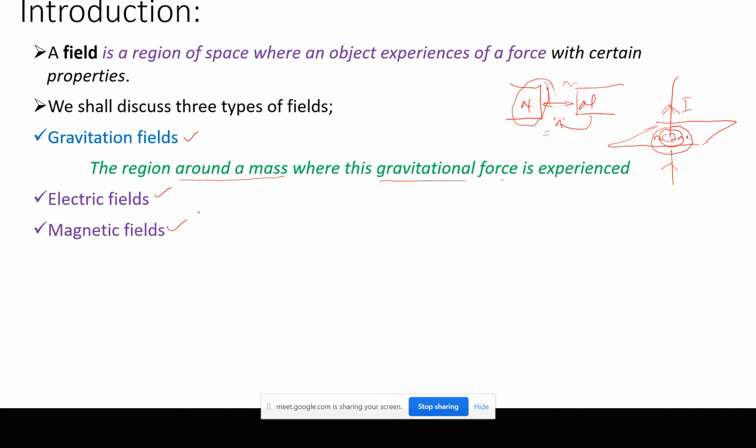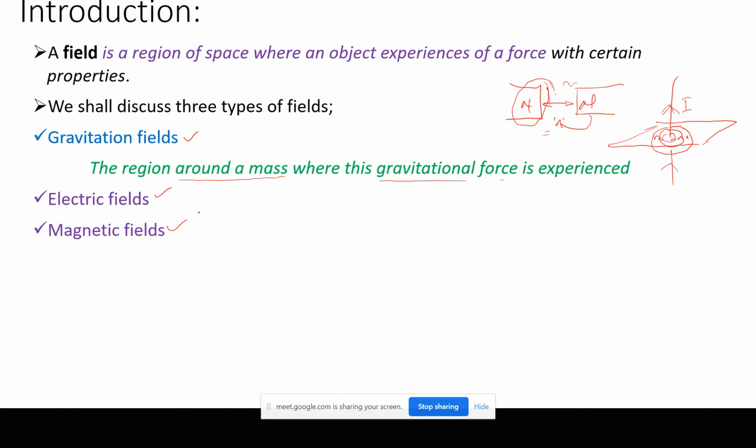So there is a natural force. Later on, we are going to see that this force is only attractive. There is a natural force of attraction between two masses. There is a natural force of attraction between the Sun and all these planets. And that force is responsible for keeping all these planets in their orbit around the Sun.